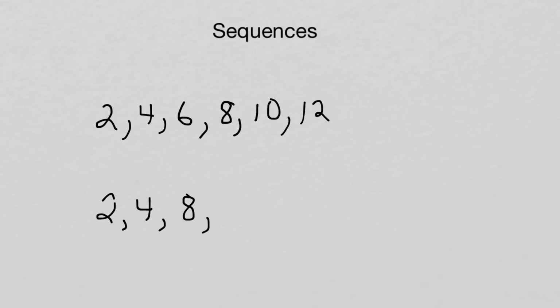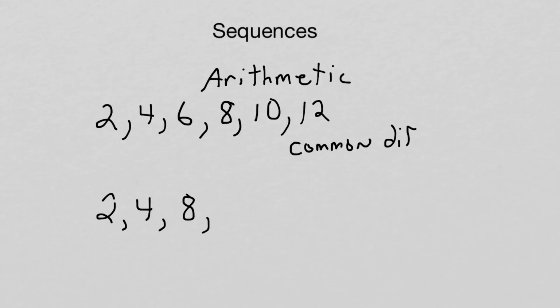This is called an arithmetic formula. When you have an arithmetic formula, what you're dealing with is a common difference. The common difference of this, let me write this down, common difference equals 2. That means each time we're going to add 2.